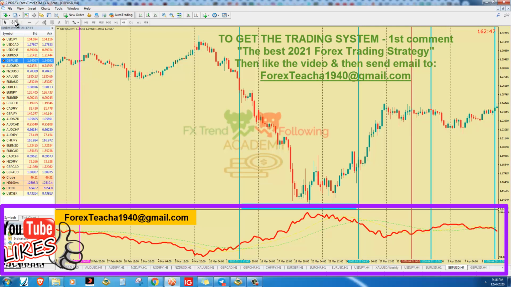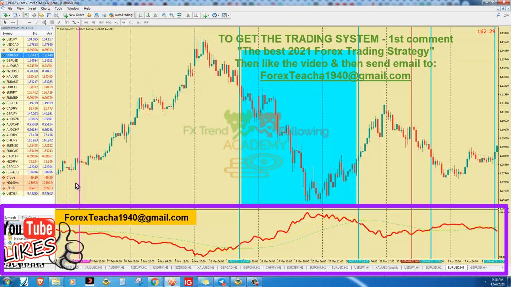You're going to see the same pattern happen, but on a different level, since the pound was stronger than the US dollar. You can see it went all the way 261 pips. If you go here, Euro USD, you see the same thing happened. The euro was actually stronger, it went all the way 600 pips. So you can see that the other pairs were just losing a bit.